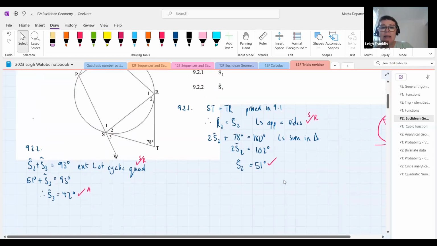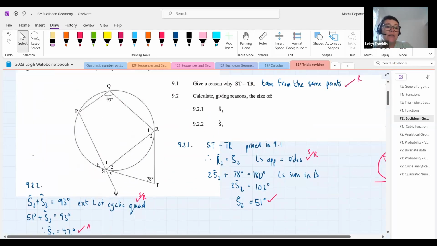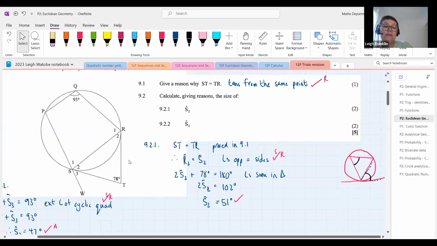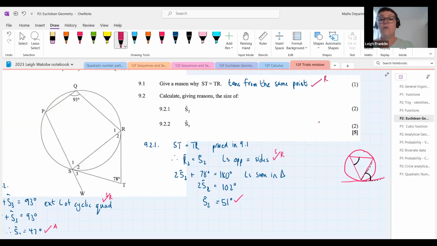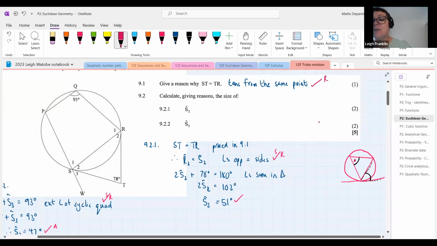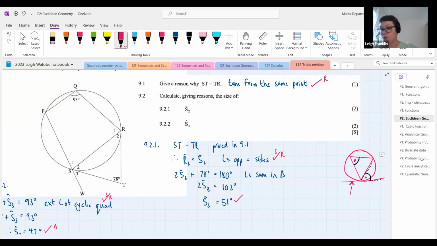I explained that because you had a cyclic quad on the inside and not a triangle, tan chord theorem wouldn't apply. So if you have a triangle on the inside of a circle, like I've got over here, and we were able to prove that this angle over here equaled that angle over there, it means that this line here has to be a tangent to the circle.